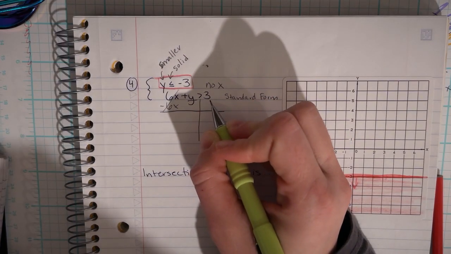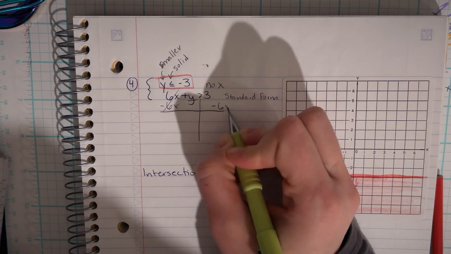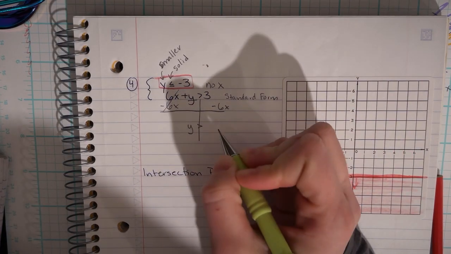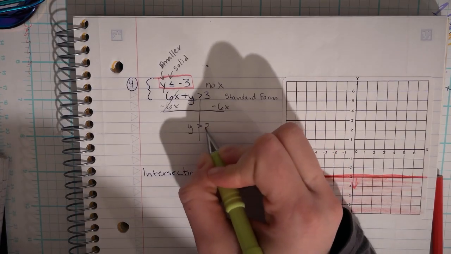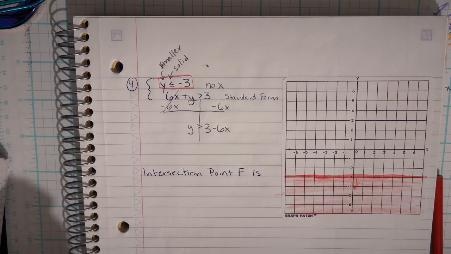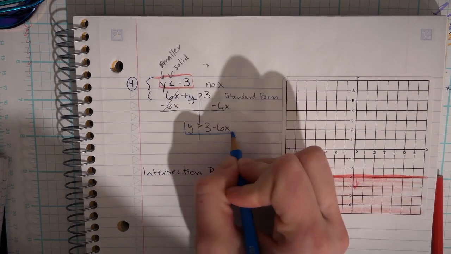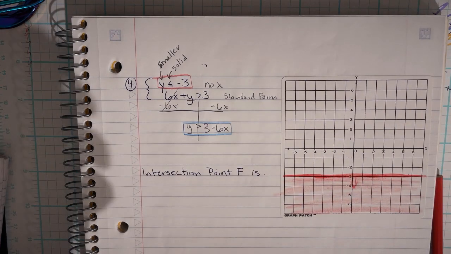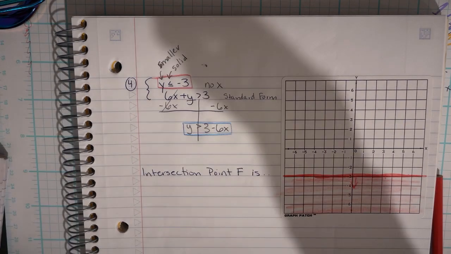But I'm not going to subtract it from this 3 because they're not like terms. So we got y greater than 3 minus 6x. And now it is in slope-intercept form.